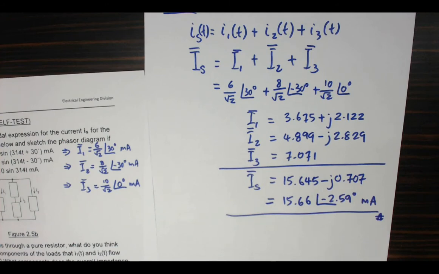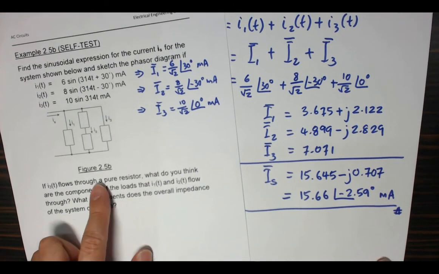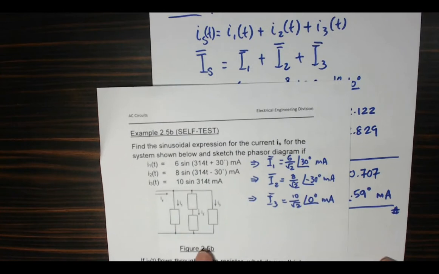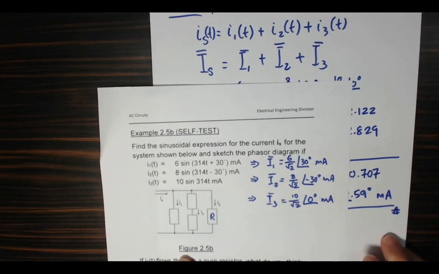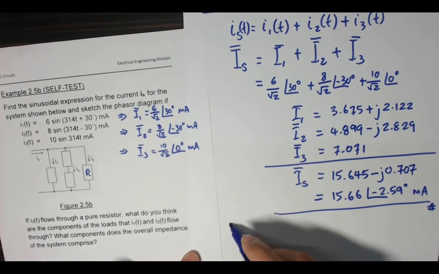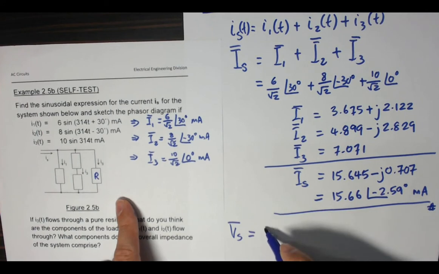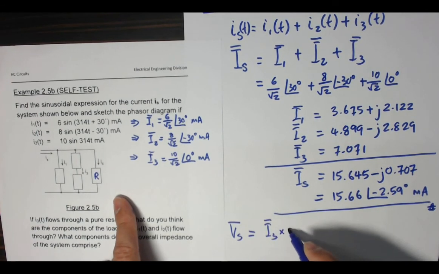Now, if we are told that I3 is a pure resistor, so this is a pure resistor, then I can find the voltage Vs, because Vs is I3 multiplied by the pure resistor.